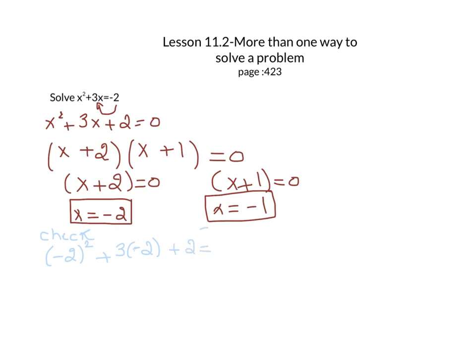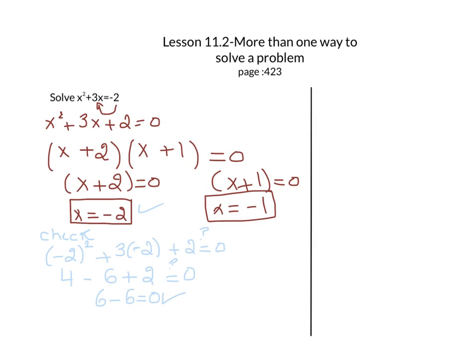We're testing if it is equal to 0. We have 4 minus 6 plus 2. Again, testing if it's equal to 0, 6 minus 6 is definitely equal to 0. So x equals negative 2 is a solution.